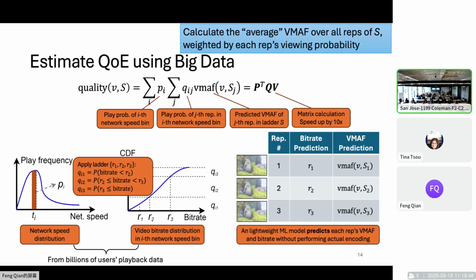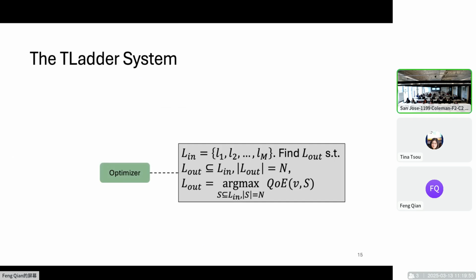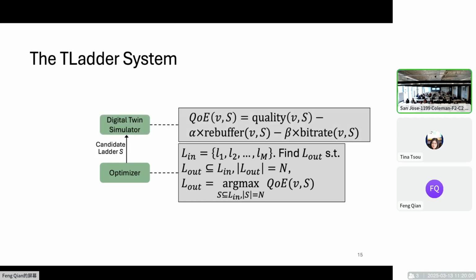All right, now let me give you the big picture. Remember we have this optimizer, which tries to solve this optimization problem to come up with a ladder. To calculate this QE, the optimizer gives the candidate ladder to a simulator, which calculates this QE function.